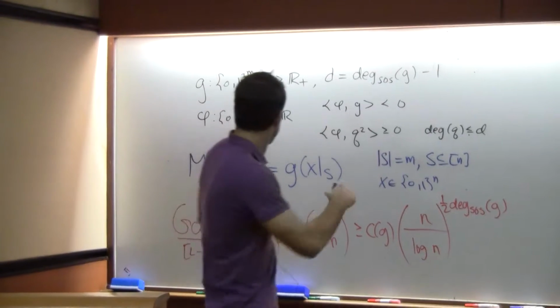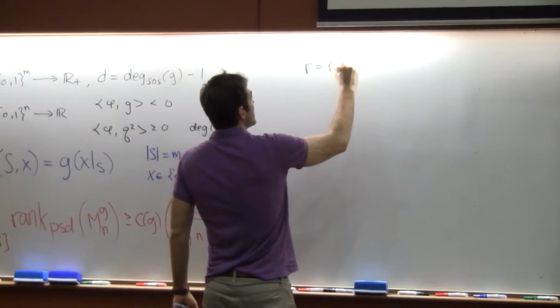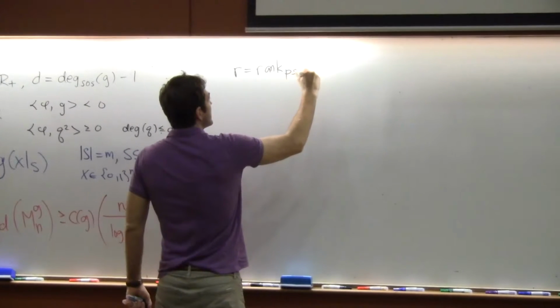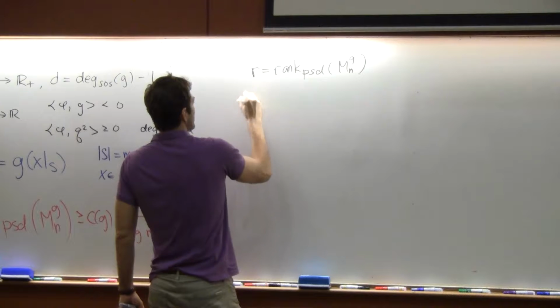Let's remember, let's write down what it means that this matrix has PSD rank r, and then we'll recall the proof outline.